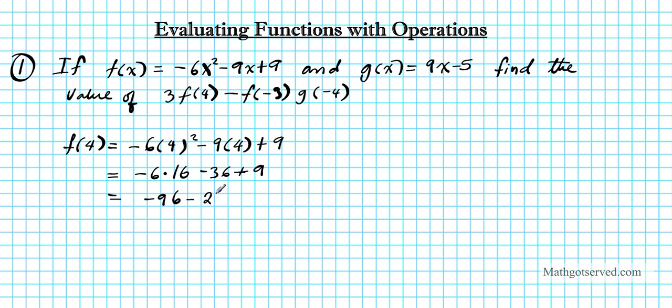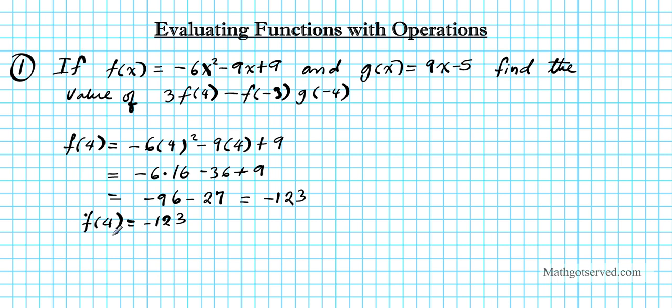Actually, yes, negative 27. All right, so we're going to add these two. We're going to end up with negative 123. So that is the value of f of 4. So f of 4 equals negative 123.